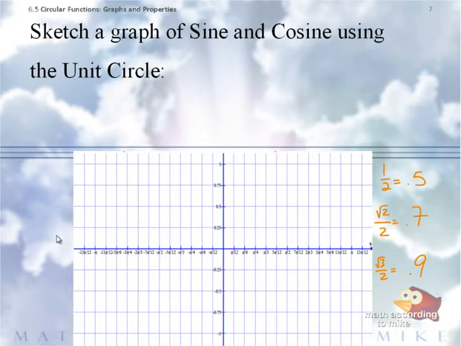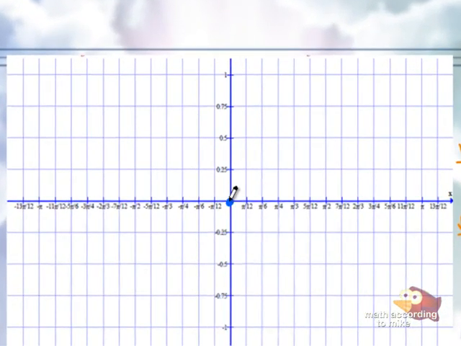So that's the point 0, 0. Okay. The next radian measurement is pi over 6. At pi over 6, what's the corresponding y-coordinate? 1/2. So notice it counts by pi over 12s. So at pi over 6, we're going to go up to 1/2.